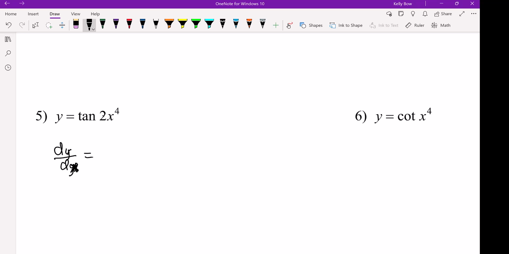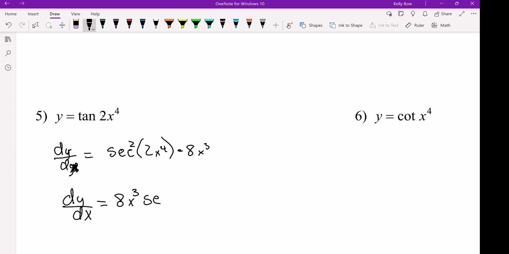The derivative of tangent is secant squared, and that's of theta. And the derivative of this theta, 2x to the fourth, would be 8x cubed, so 8x cubed times secant squared theta.